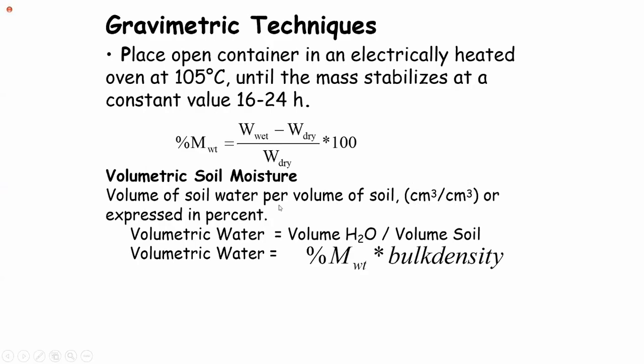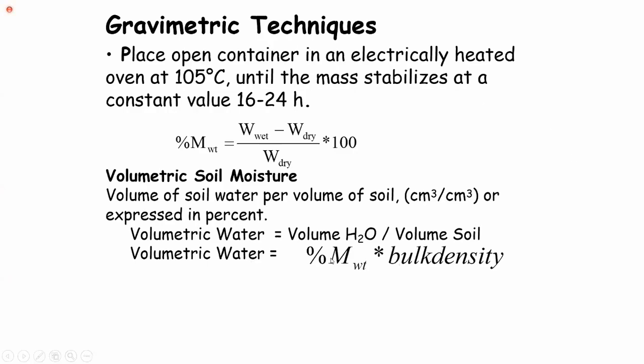Or it can be expressed in percentage. The volumetric water content is volume of water divided by volume of soil, and it is calculated after you calculate the gravimetric moisture content. If you multiply it by the bulk density of the soil, you can get the volumetric water content.